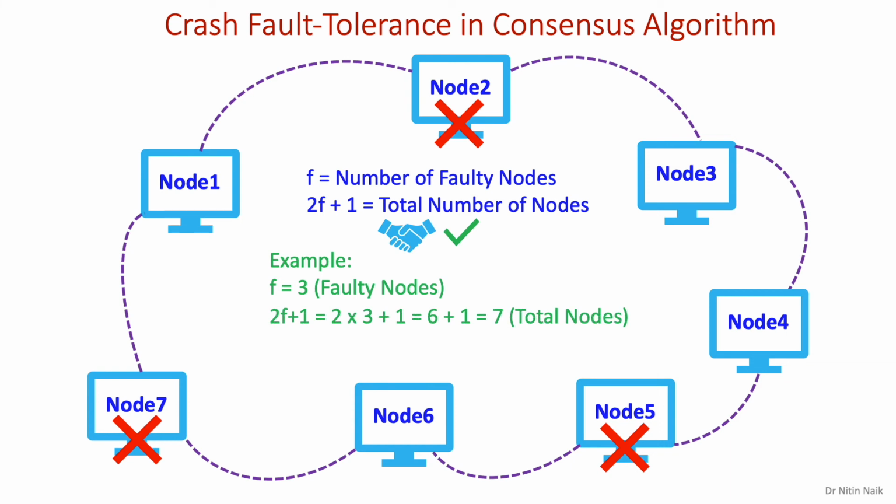That is 2 times 3 plus 1 equals 7. So this system can tolerate a maximum of 3 faults. However, this is a generic rule and may vary from algorithm to algorithm. What happens if 4 or more nodes are faulty in this system? Simply, it will not reach a consensus. Examples of crash fault tolerance consensus algorithms are Paxos and Raft.